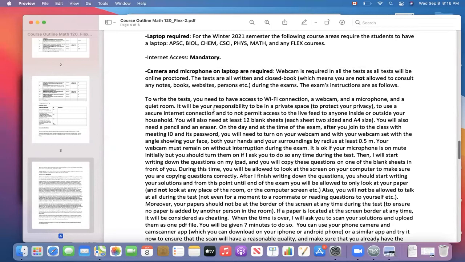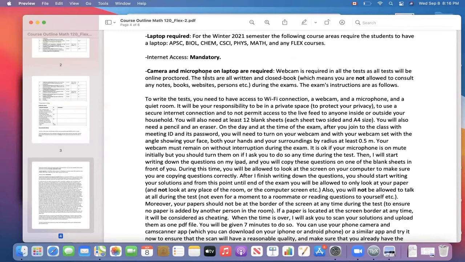During that time, you're allowed to look at the screen to make sure that you copy the questions correctly. But after you copy the questions, you are not allowed to look at the screen anymore. You have to just look at your own paper, and you will not be allowed to use any electronic devices such as a laptop or phone. The exam will be closed book.